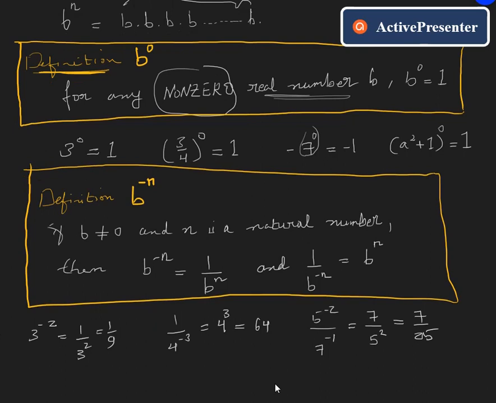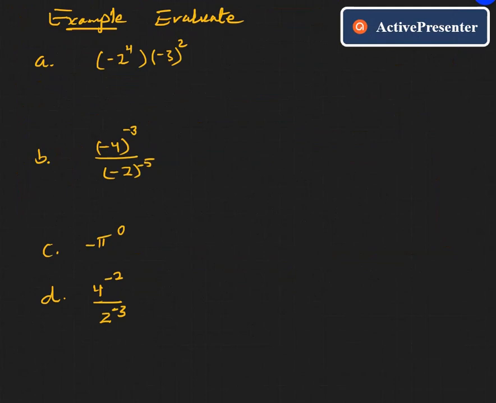Let's take example to evaluate an exponential expression. The example says evaluate the exponential expression. The first question, A, minus 2 to the power 4 multiplied with minus 3 to the power 2. So this is equal to what? Minus is outside, of course, because the base is 2.